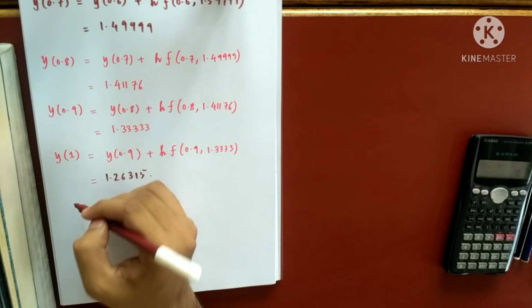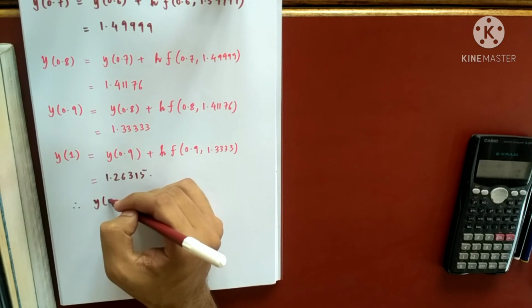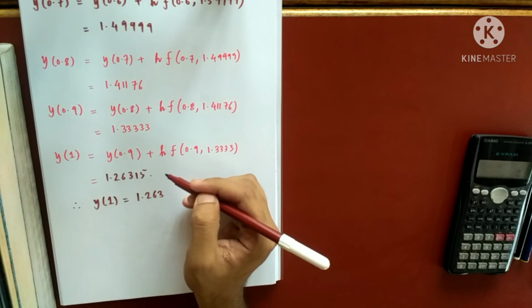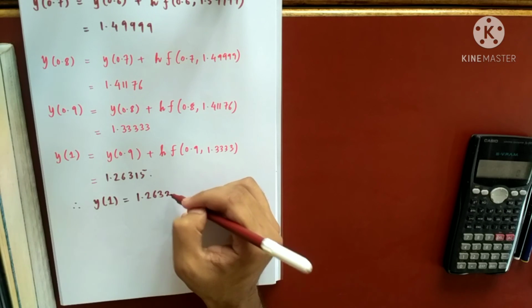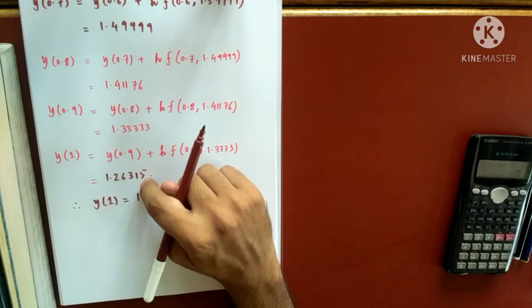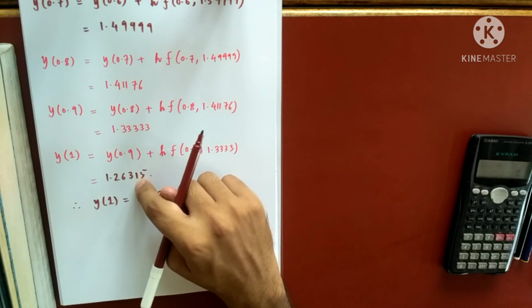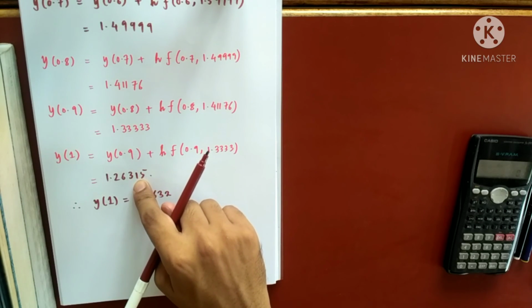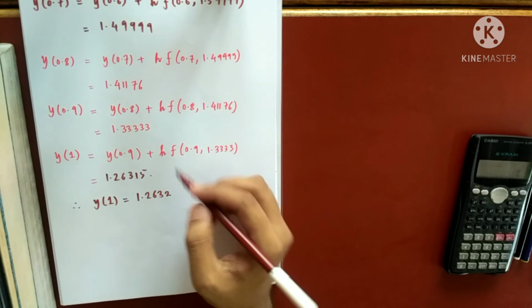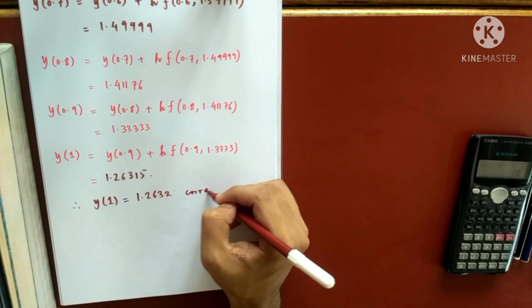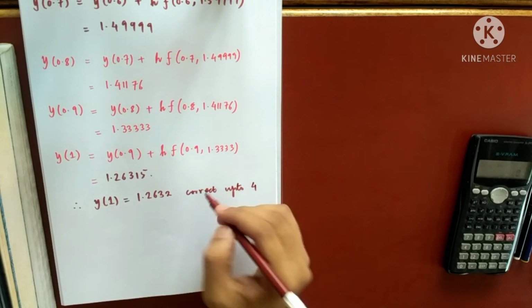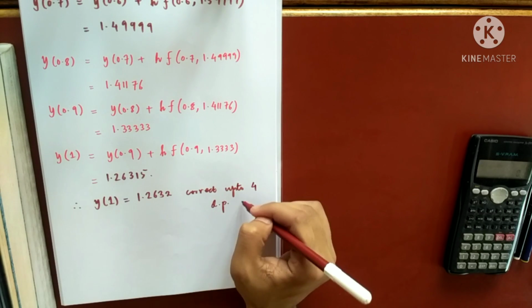So what is the value of y1? y1 is correct up to 4 decimal places. It is 1.2632. Why 2? Because if the number before 5 is an odd number, 5 will increment here. If there was an even number, then 5 will not increment here. So this is correct up to 4 decimal places.